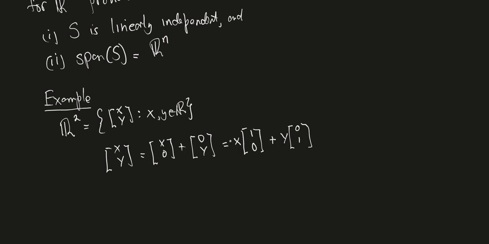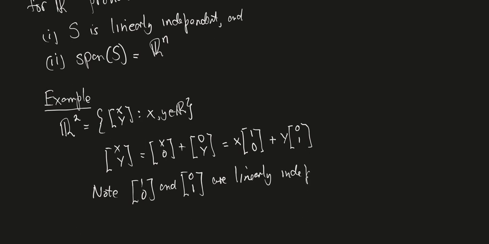And so the question is, are these two vectors linearly independent? So are the vectors (1, 0) and (0, 1) linearly independent? Well, yes, right? So note (1, 0) and (0, 1), these two vectors are linearly independent, and we have several ways that we can check to see if vectors are linearly independent.